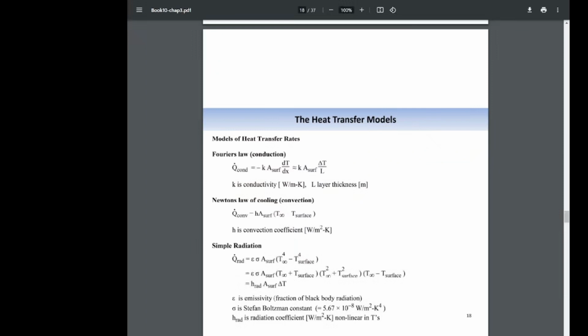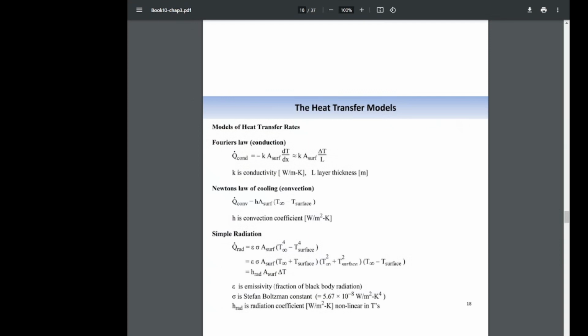The rate at which heat is transferred through conduction is essentially K times the surface area times delta T over the length or thickness, where K is the thermal conductivity of that surface.